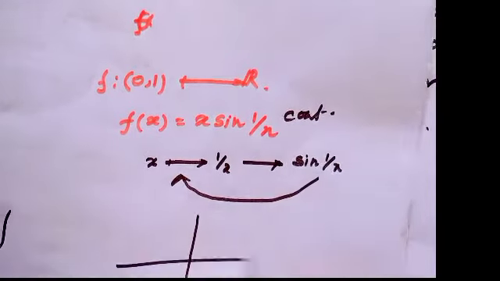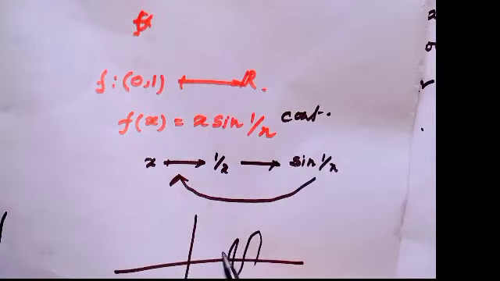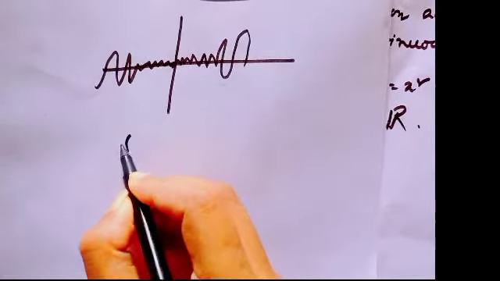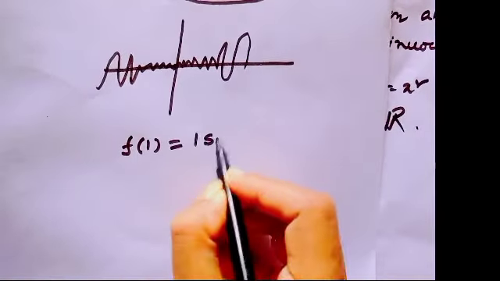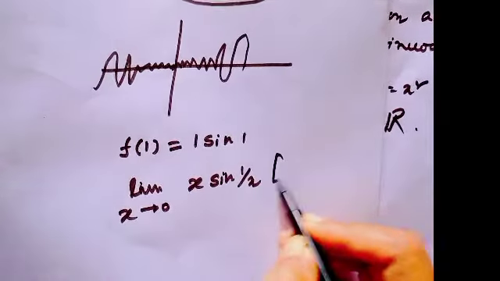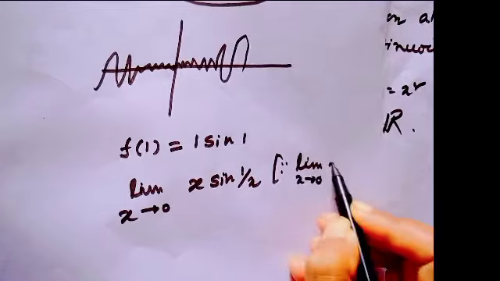Also, the graph of the function looks like, I have drawn it in my earlier video, x sin 1 over x, and at the point 1, f of 1 equals 1 sin 1, and limit x tends to 0 of x sin 1 over x equals, since limit x tends to 0 of x equals 0, and sin 1 over x is a bounded function, so this limiting value is 0.